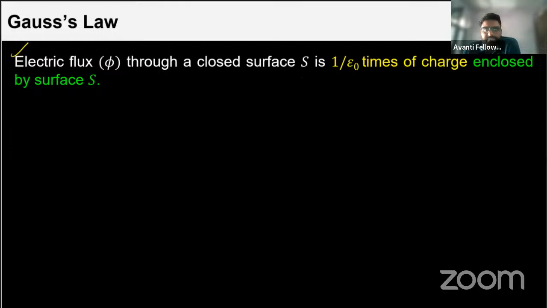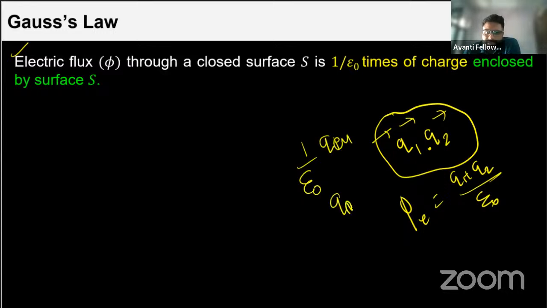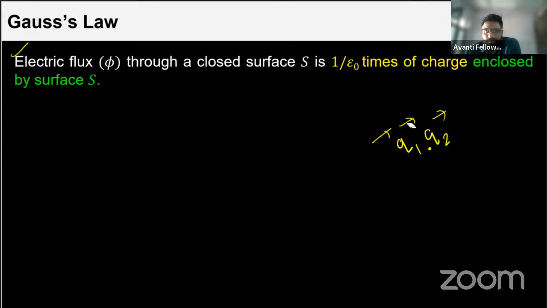Electric flux through a closed surface S is 1 by epsilon naught times the charge enclosed by surface S. Whatever charge that particular surface has enclosed, the electric flux through this surface would be the charge enclosed by the surface divided by epsilon naught. What does 1 by epsilon naught mean? It is 1 by epsilon naught multiplied by q enclosed. So it is q enclosed per unit epsilon naught. Now let's see how this law behaves.